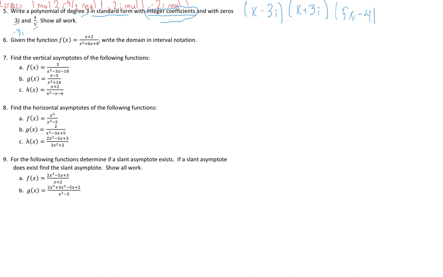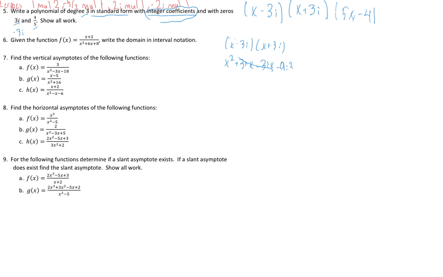So we're still going to get 0 like we did before, but now there's no fractions involved, and that's just what it's asking for. So we need to put it in standard form, so we've got to multiply all this out. First, we'll do x minus 3i, x plus 3i: x squared plus 3ix minus 3ix, those cancel, minus 9i squared.